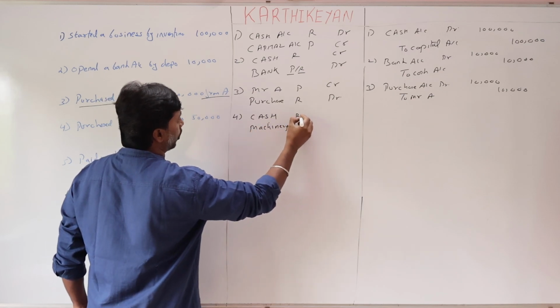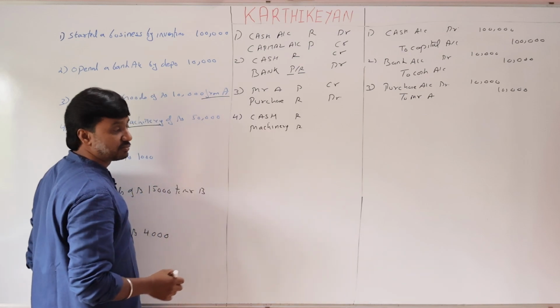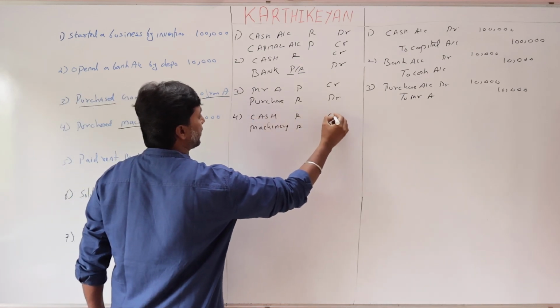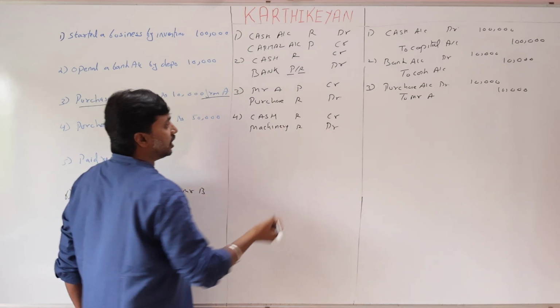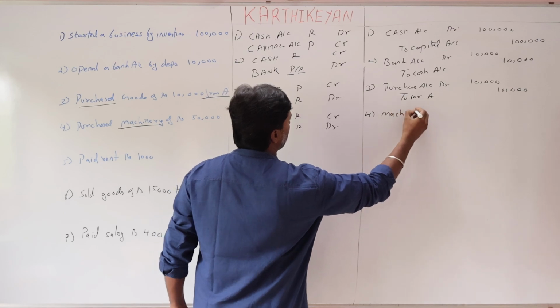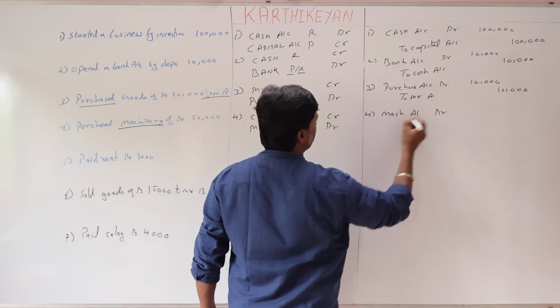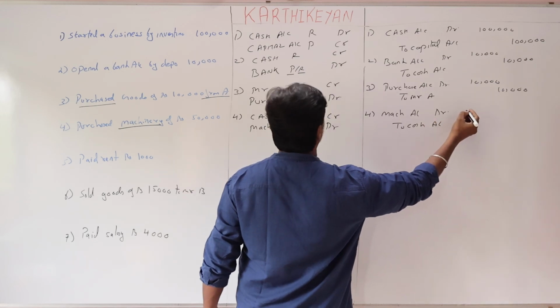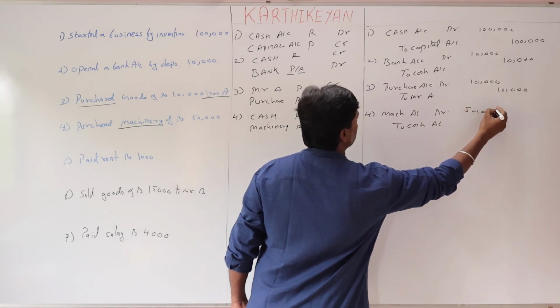Machinery. Both real. You are buying machinery, debit what comes in; cash is being paid, cash is going out. So the journal entry: machinery account debited to cash account. How much? Rupees 50,000.